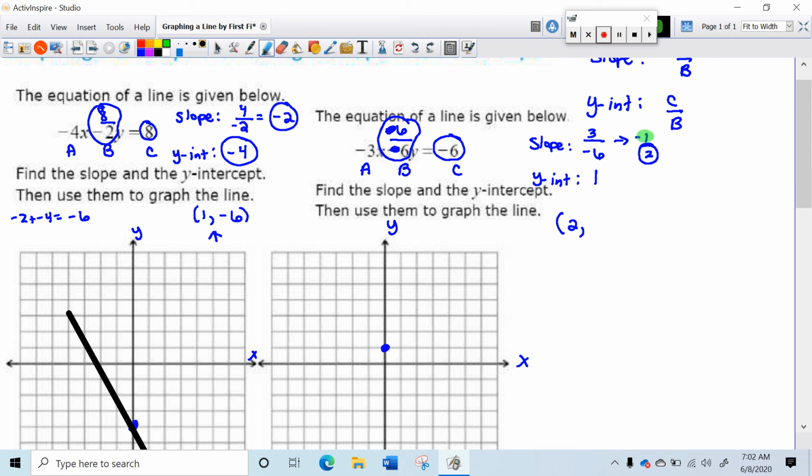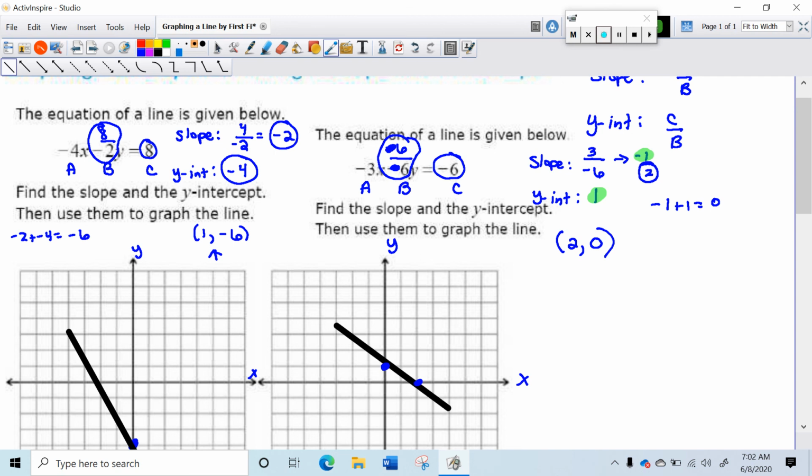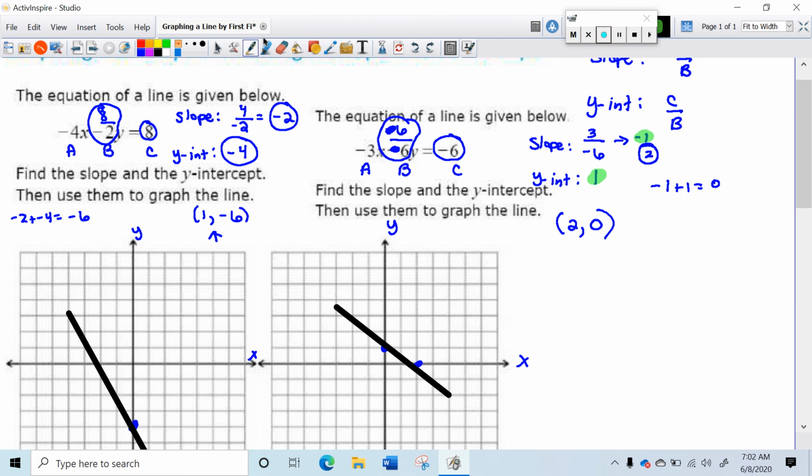So I'm going to add negative 1 with positive 1. So negative 1 plus 1 equals 0. Okay, so I'm going to have 2, 0 for my other point right here. Connect the two points and I'm finished. Technically, I should be using arrows on both ends.